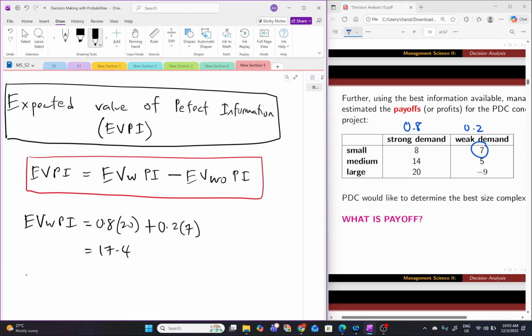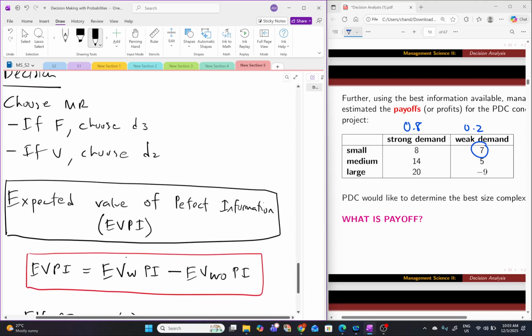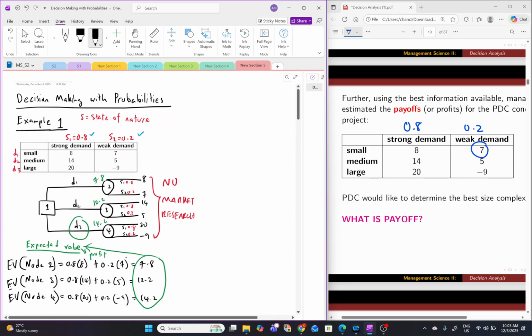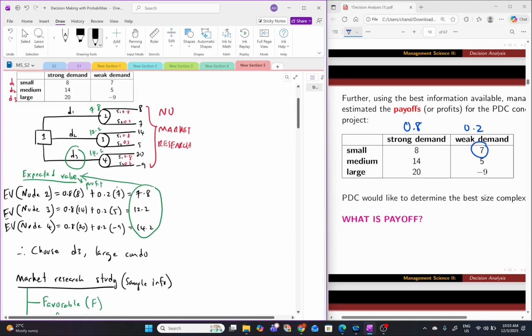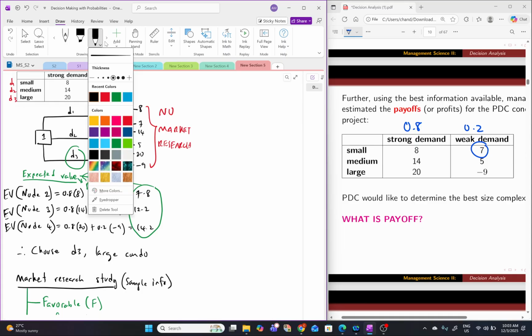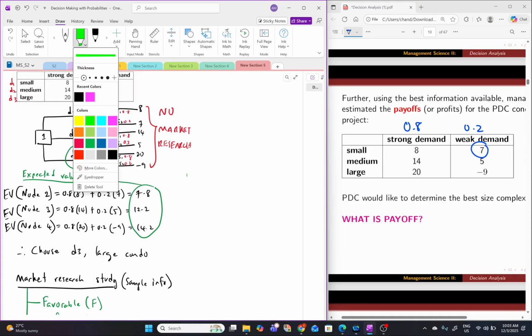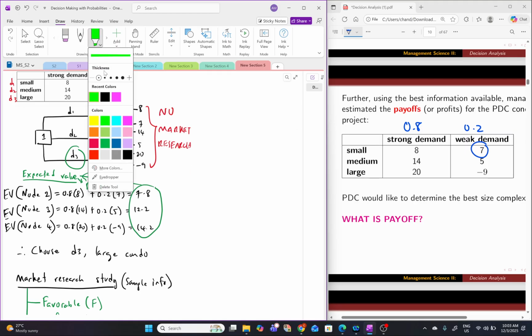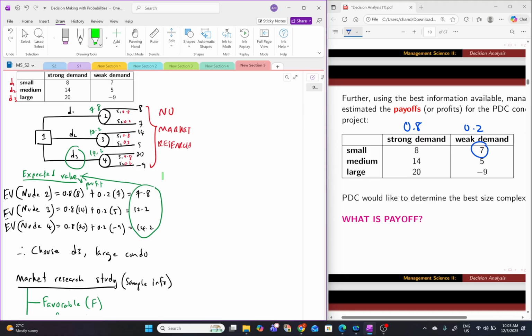Now, expected value without perfect information kita dah cari. Di mana kita cari? Di sini, atas sekali, first. Yang ini, saya buat highlight dekat sini. Yang ini, expected value without information adalah 14.2.